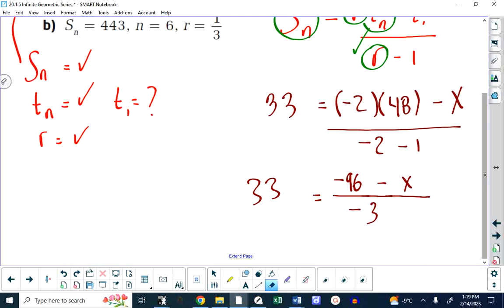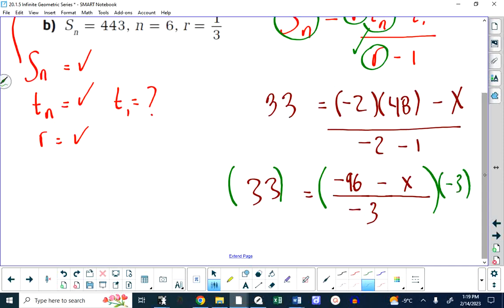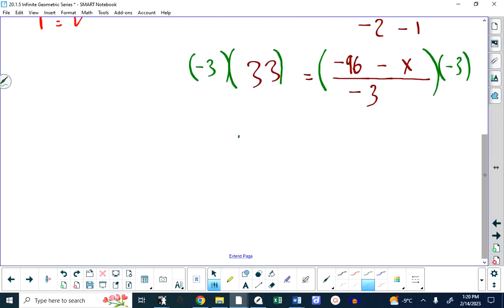I don't like fractions, so I'm going to multiply both sides by negative 3 to eliminate that denominator. And what I will get is negative 99. Keep me on my toes here and just let me know those numbers are right.